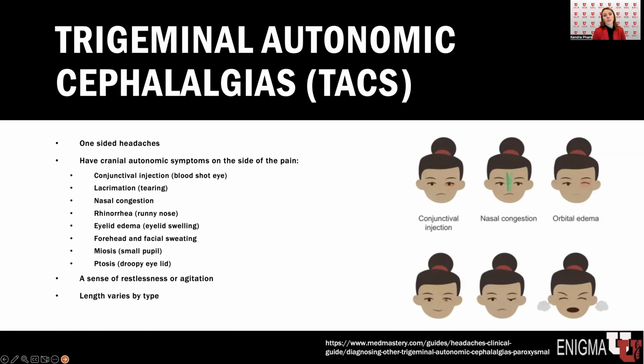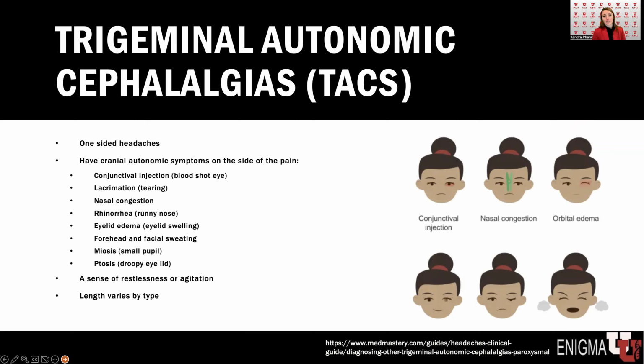Then there's the trigeminal autonomic cephalalgias, which is a class of primary headache disorder. And these are one-sided headaches, and they have in association with them what we call cranial autonomic symptoms, and those should occur on the same side as the pain.